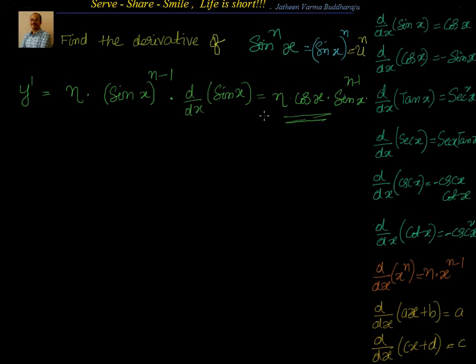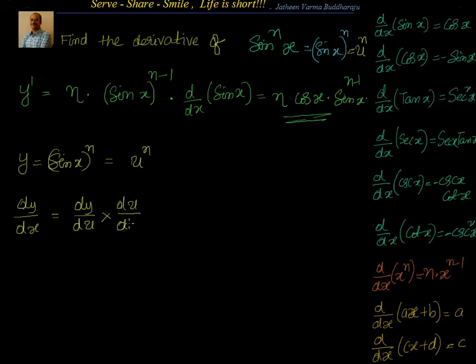If you are not comfortable with that, and you want to do it in an elaborate way, we can do it like that also. We can say y equals (sin x) whole to the power of n, that's equal to u to the power of n. Then what we need to find is dy by dx. That is nothing but dy by du multiplied with du by dx.